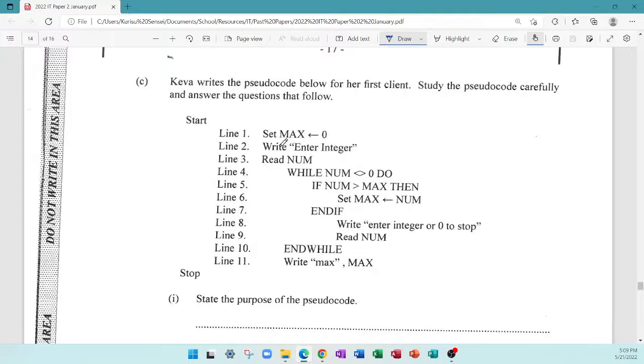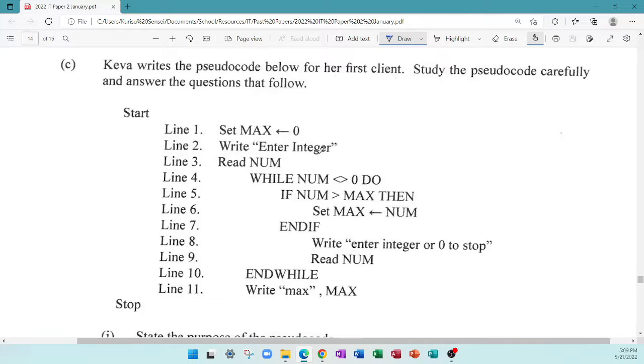So here it's asking you to enter an integer, to read that integer, to store it. Then while num, carry out this processing here. So it has something to do with num, something to do with max. How many num will it be accepting? Any idea?